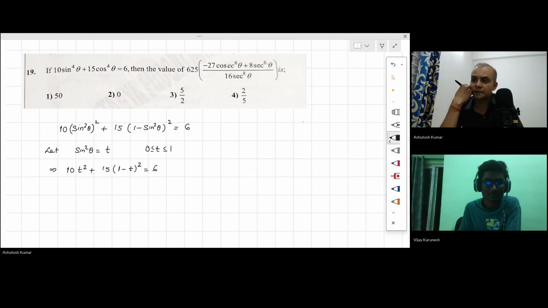Getting 3 by 5, sir. T is 3 by 5. It means sine square theta is 3 by 5. If sine square theta is 3 by 5, then cos square theta is immediately 2 by 5. Yes, sir? Yes. And now we substitute this there.